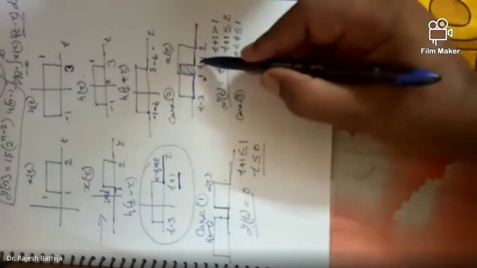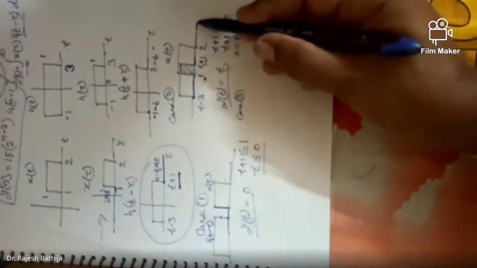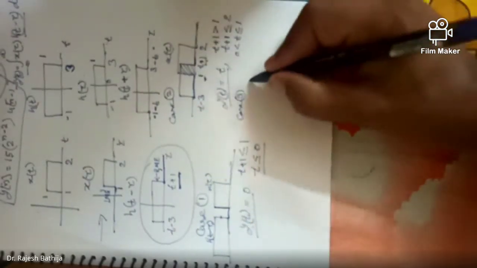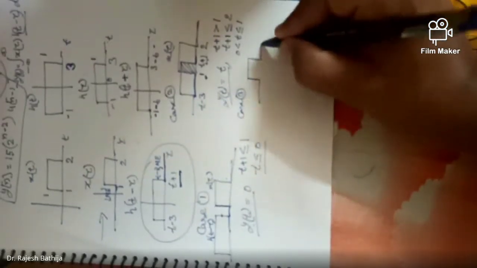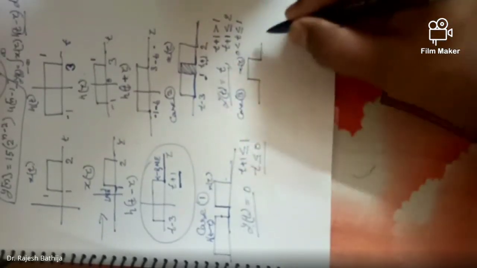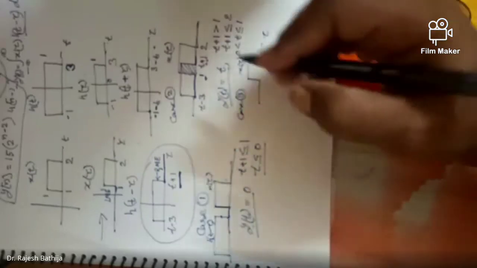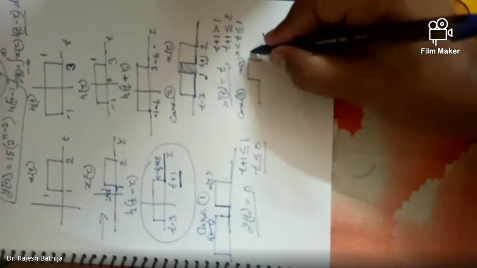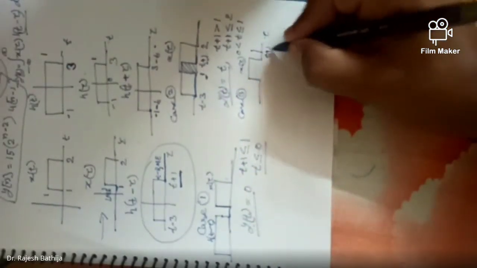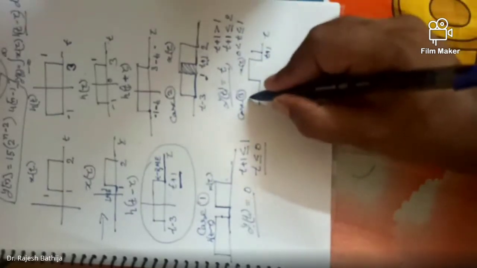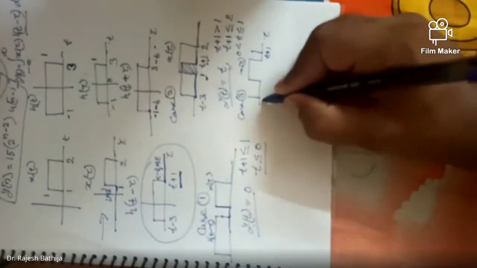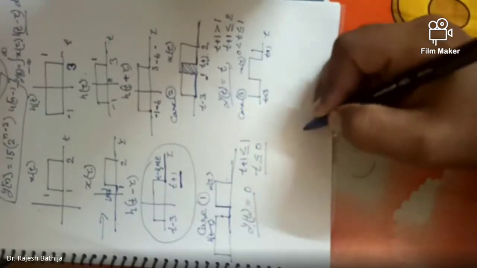Now, if I take this t plus 1 outside of this 2, again I am fixing this x of tau over here versus tau. Now, I take this t plus 1 here. So, can we put t minus 3 over here? We can put here.